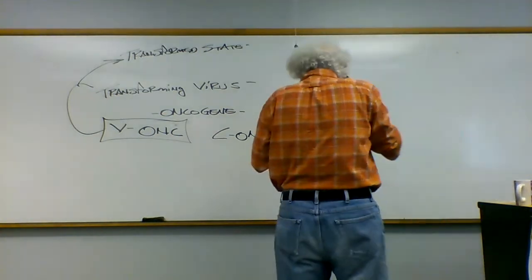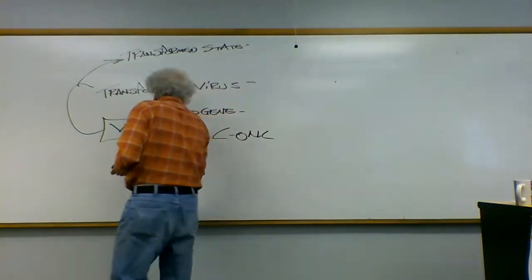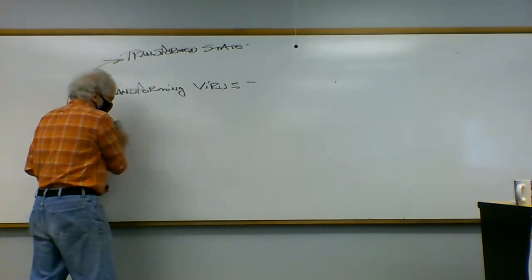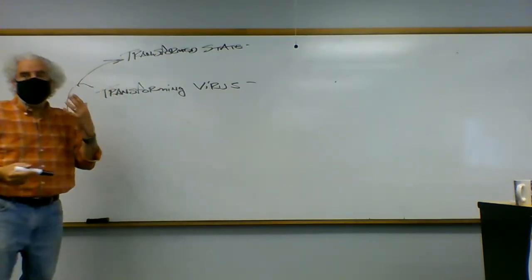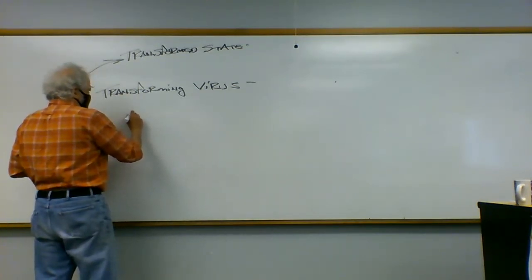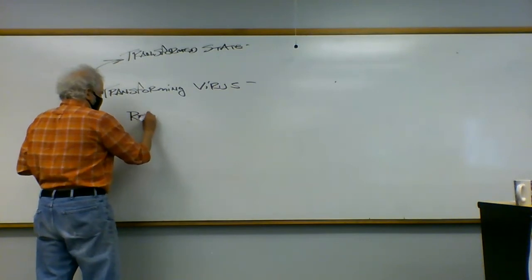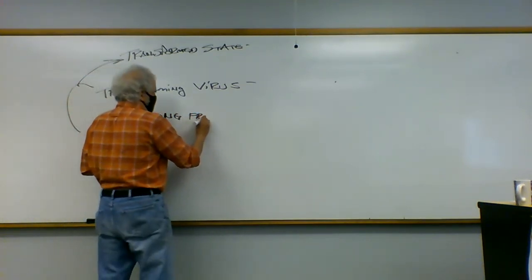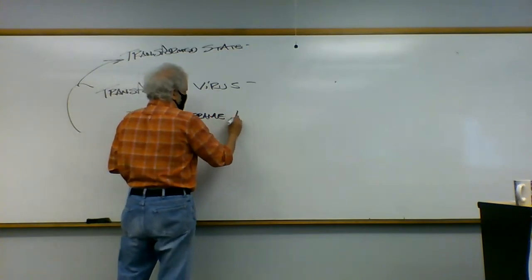When you compare the viral oncogene to the cellular oncogene, a couple of things you see are different kinds of mutations. Because we're talking about the DNA, there can be a reading frame fusion.